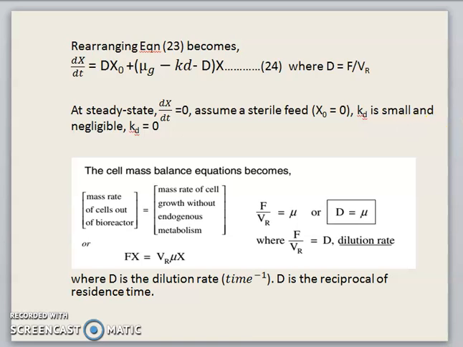Then the cell mass balance equation becomes: the mass rate of cells out of the bioreactor equals the mass rate of cell growth without endogenous metabolism. Then at steady state, what happens? D will be equivalent to mu, where D is the dilution rate, and D is the reciprocal of residence time.